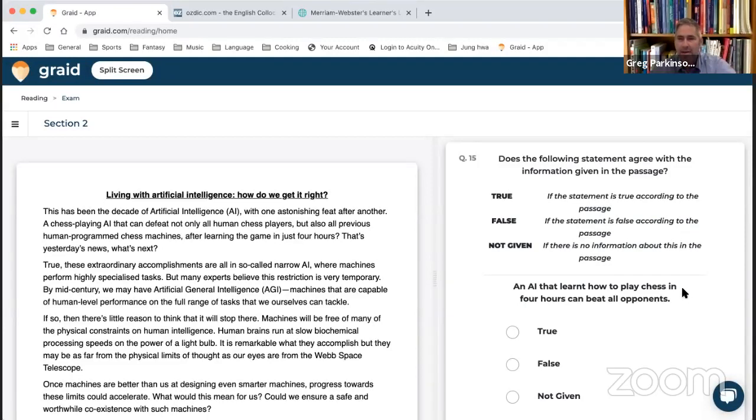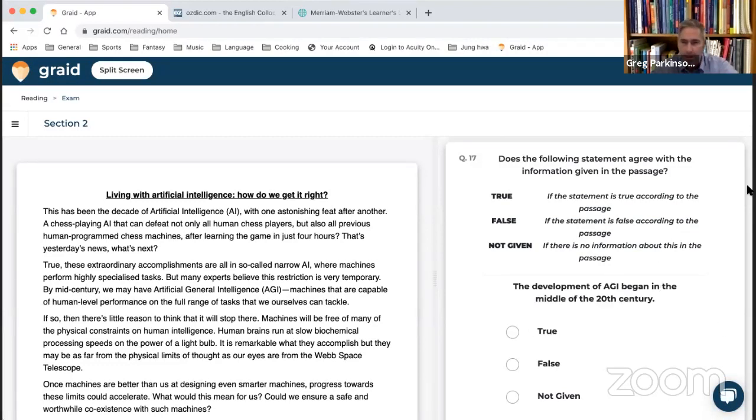An AI that learned how to play chess in 4 hours can beat all opponents. And if we read it again just to check, that does have the same meaning, right? So a chess playing AI that can defeat not only all human chess players, but all previous human programmed chess machines, right? So that is all opponents, both human and human programmed.